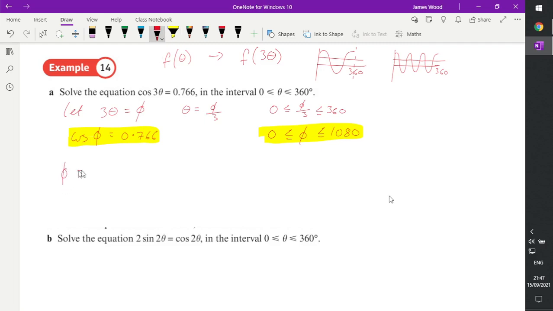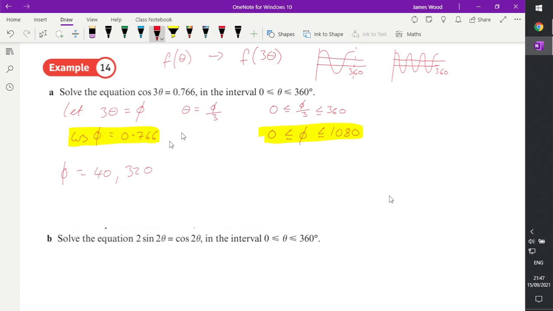So I'm going to find my first answer by doing inverse cos of 0.766, which gives me 40. And then I'm going to find my next solution. So I'm going to do 360 minus that, which is obviously 320. And then I'm going to find my next pairs by adding on 360.